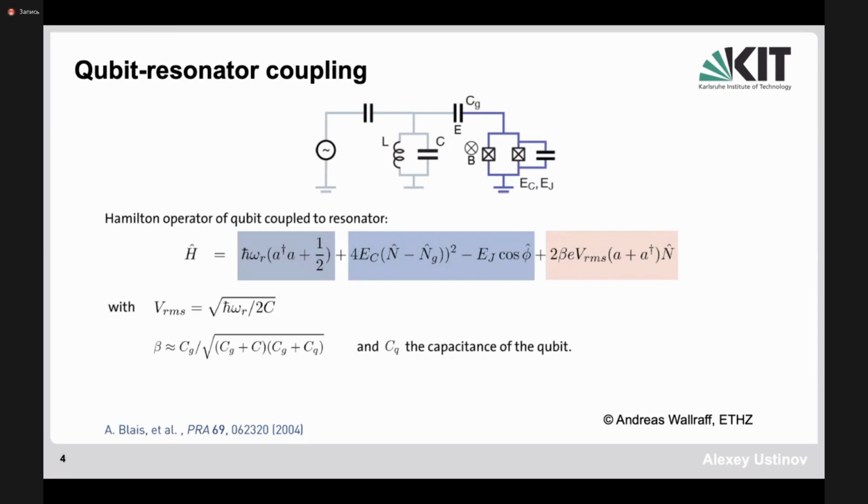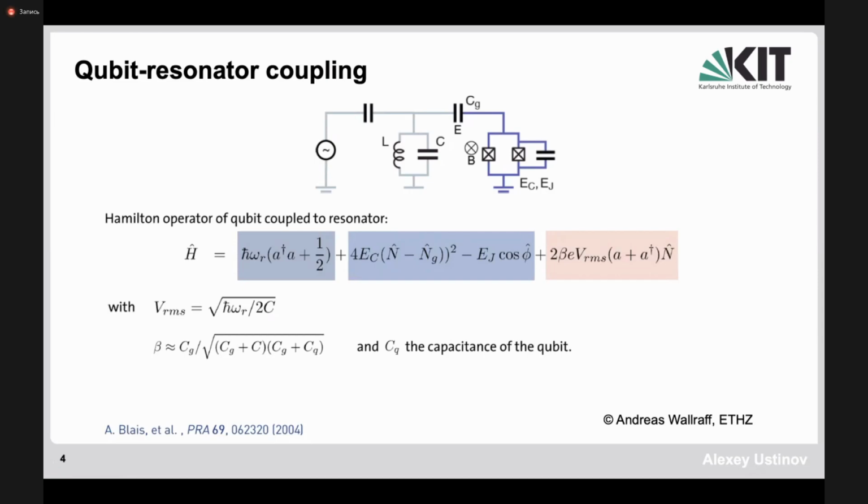And V_RMS is the root mean square amplitude of the voltage induced in the qubit from the electric field of the resonator. And you see that this amplitude is proportional to the energy of a photon in the resonator divided by twice the capacitance of the resonator.